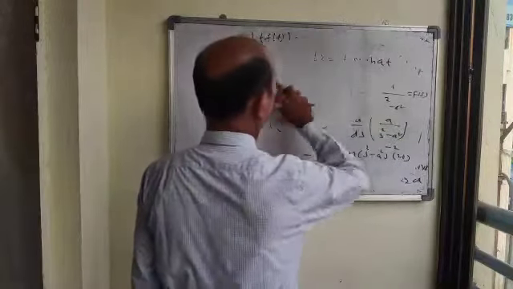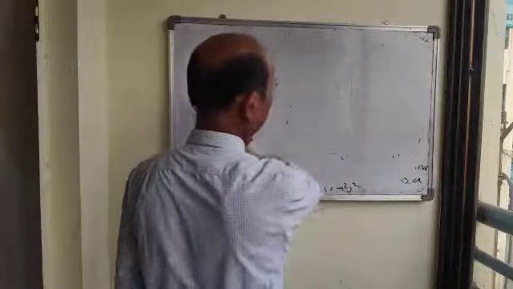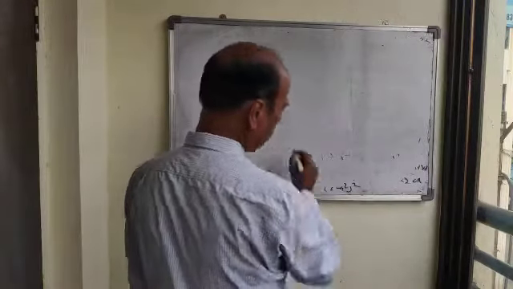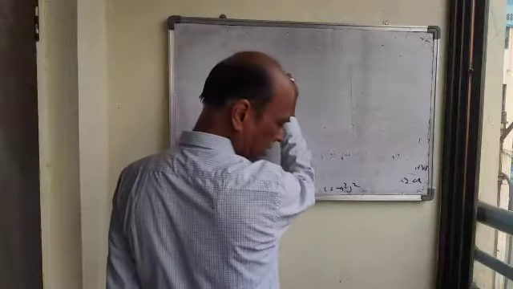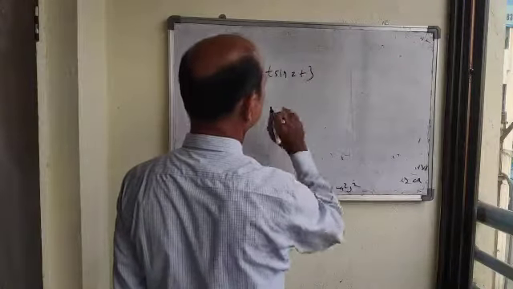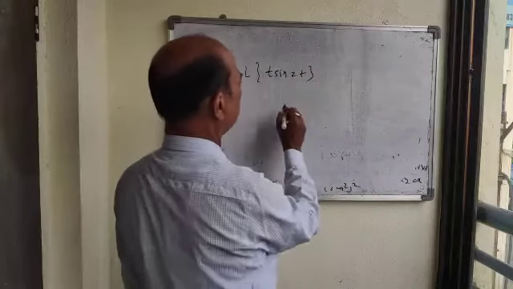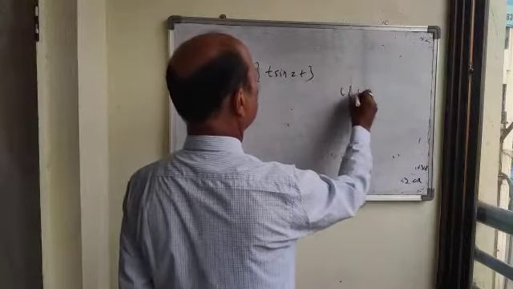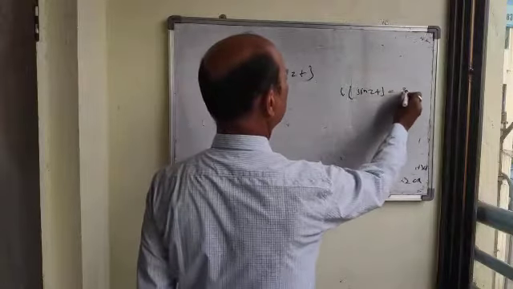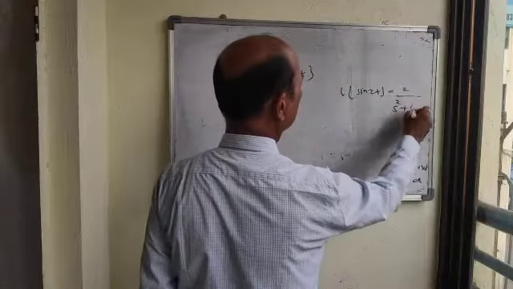One more example we will see, that is, suppose we have to find L of t sin 2t. How to find this? Here L of sin 2t is equal to 2 upon s square plus 4.